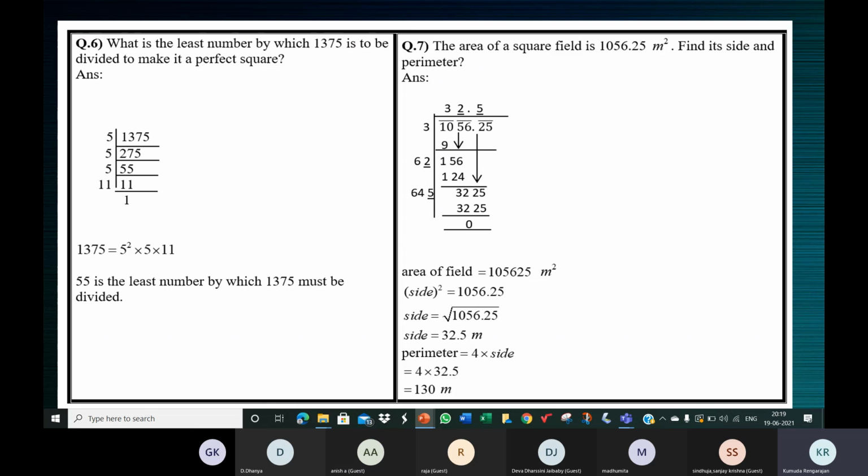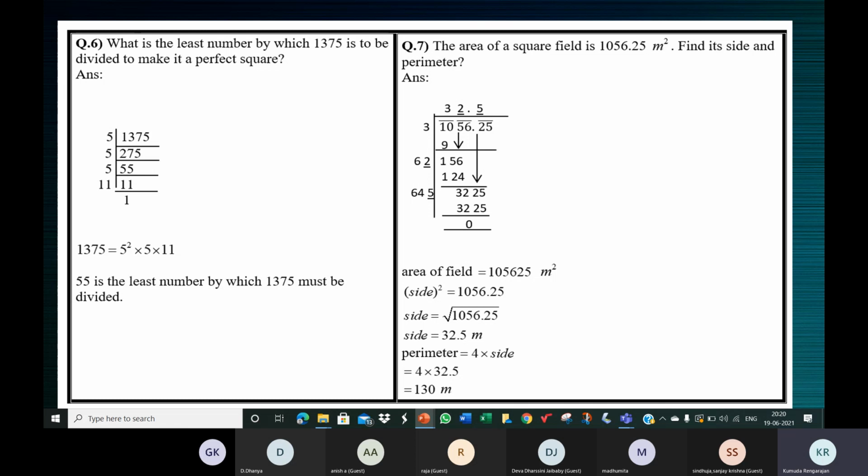Write down: what is the least number by which 153,000 is to be divided to make it a perfect square?